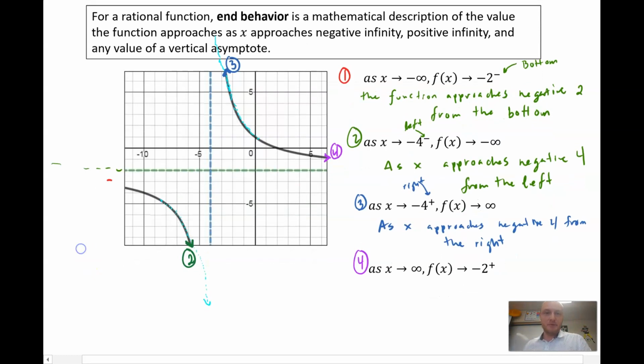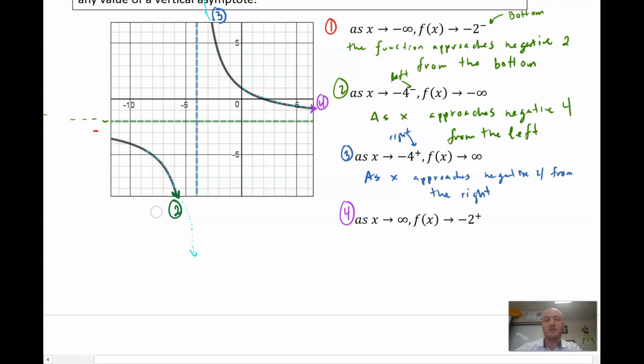All right, next I want to do piece 4. My x values are going out this way, towards positive infinity. That makes sense. Now what are my function values doing? What's the height of my function? Well, my function's getting closer and closer to -2 again, but this time it's doing it from the top.